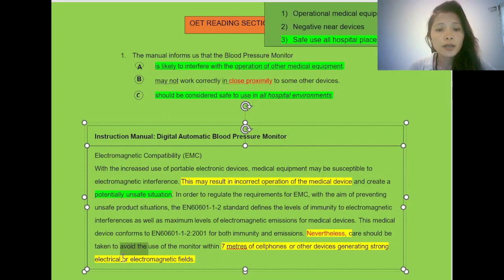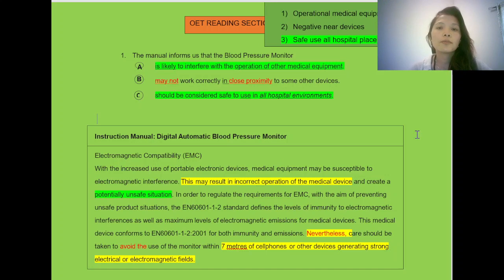Avoid and may not are similar, and synonyms, okay? Search for the negative answer, and nevertheless is also there. Care should be taken to avoid use of the monitor within 7 meters of the cell phone or other device generating a strong electrical field. So this is the way to tackle the answer in part B.